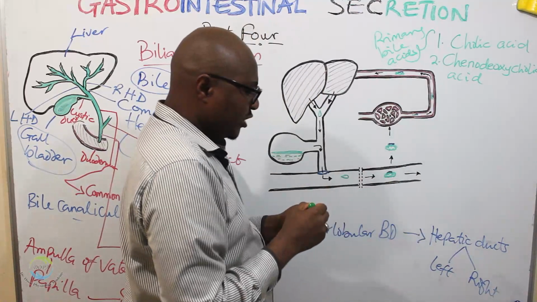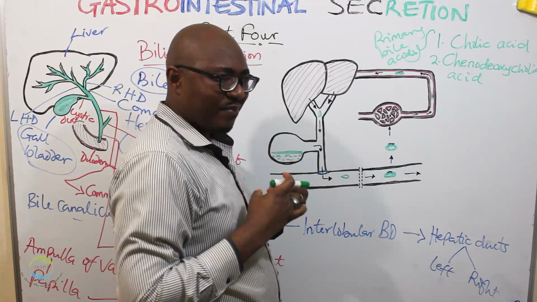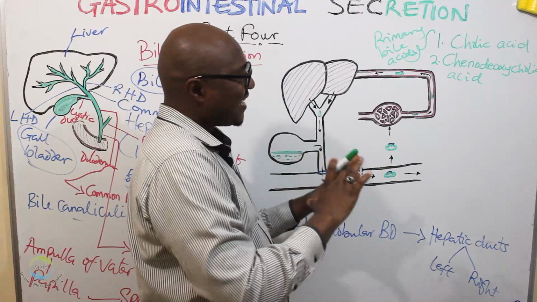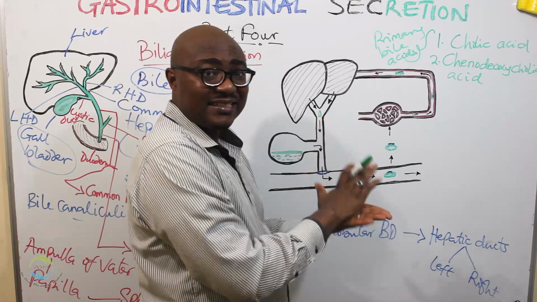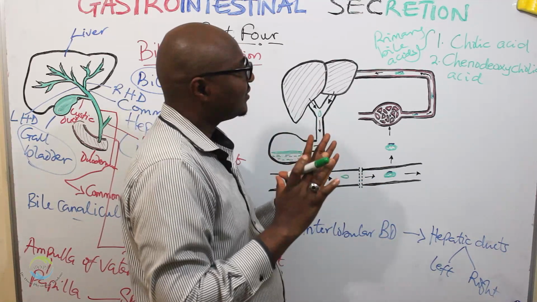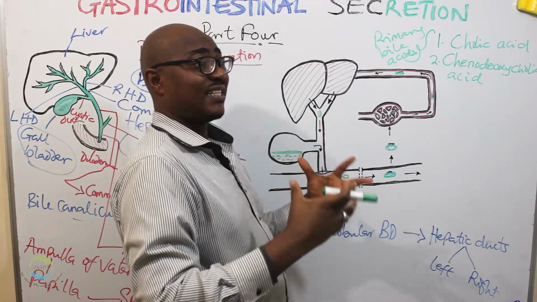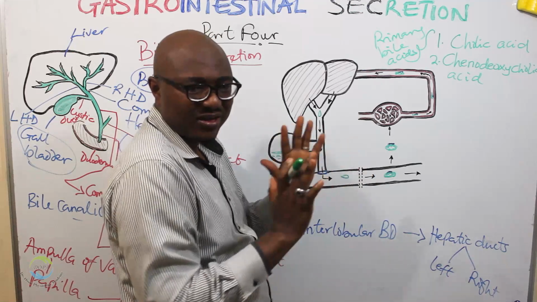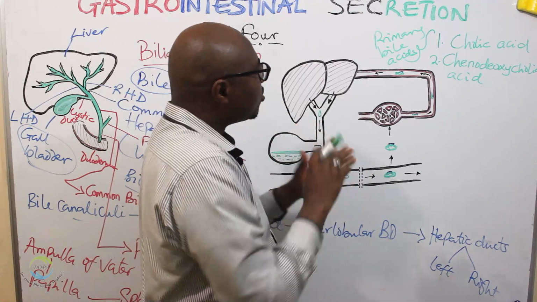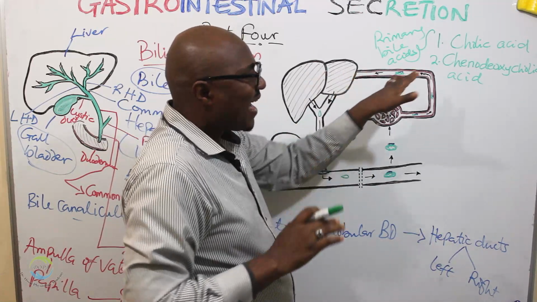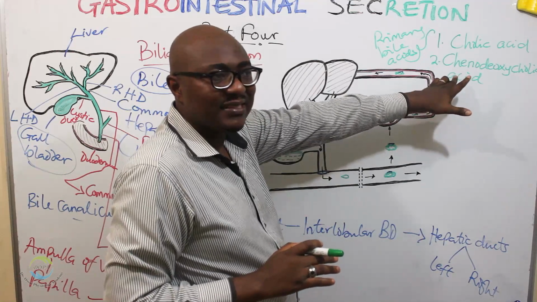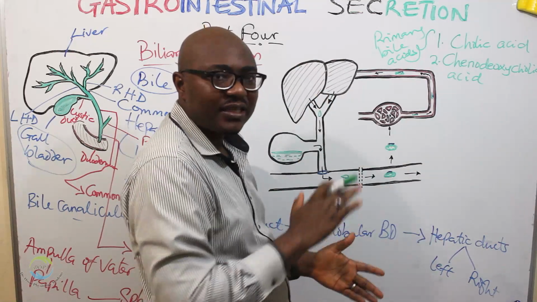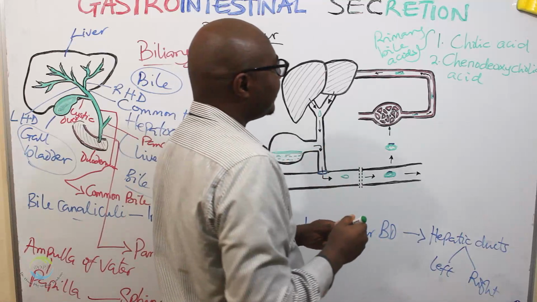Okay, so when these primary bile acids get to the large intestine, the large intestine has a lot of bacteria. It's common flora. They don't do any harm to you, okay? So those bacteria act on these primary bile acids and convert them into secondary bile acids.